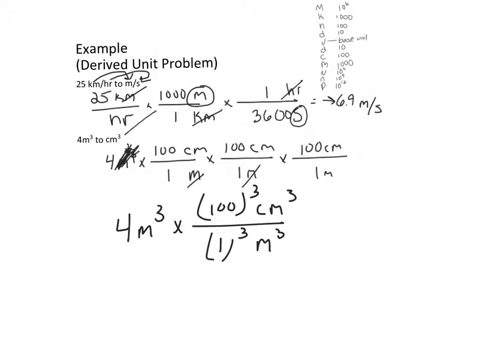So 1 cubed is still 1, so the bottom is still 1, but the top is 100 cubed, so I would have to take 4 times 100 cubed. And I get the answer of, to 1 sig fig, 4 times 10 to the 6th cubic centimeters.